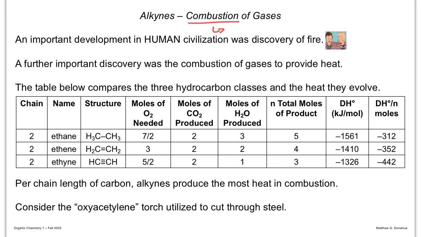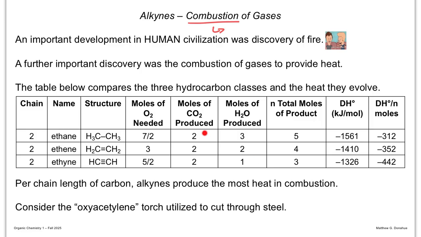So in the combustion reaction, obviously the hydrogen count is changing for the 2 carbons present. But the number of moles of oxygen required are shown here. The reaction produces CO2, so that's constant. The other combustion product is water. So for each, they produce a different stoichiometric amount of water.